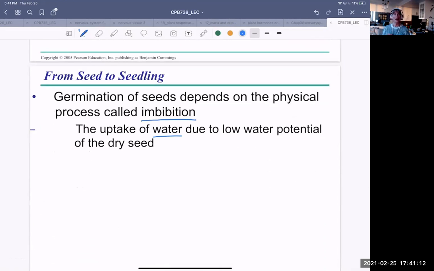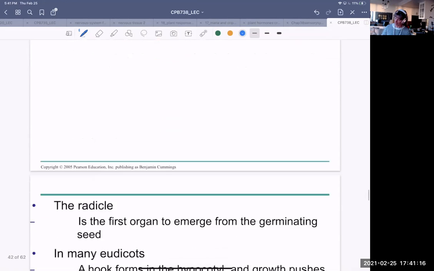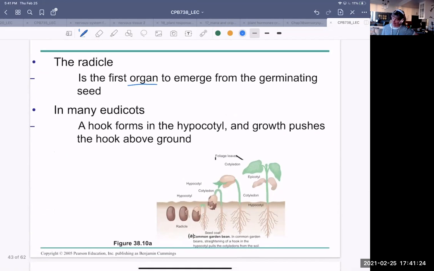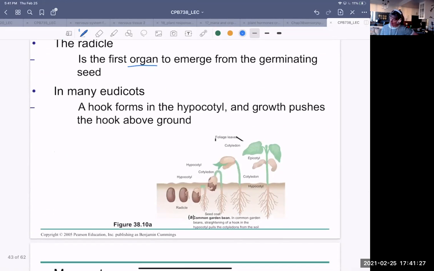So water is required to burst that hard seed coating. And the radicle is the first thing to emerge. So once the seed is germinated, the radicle emerges and that becomes the root. In some dicots, the hypocotyl forms this kind of hook and it pushes the growing embryo and the seed above ground.